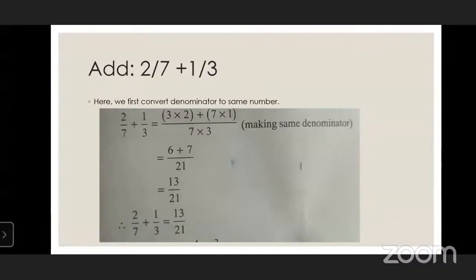That is 6 plus 7 upon 21, so the answer is 13 upon 21. Okay, so the first step is making the same denominator, that is, converting the unlike fractions into like fractions. Now subtract these.